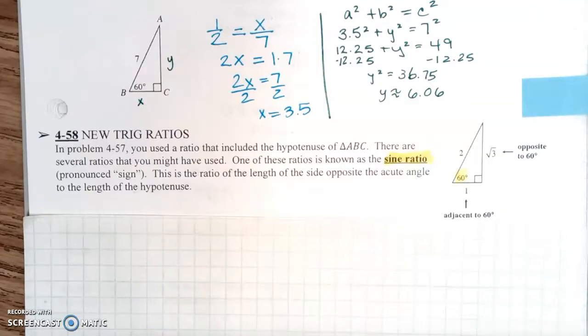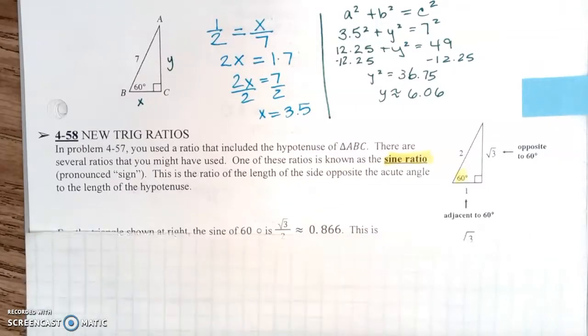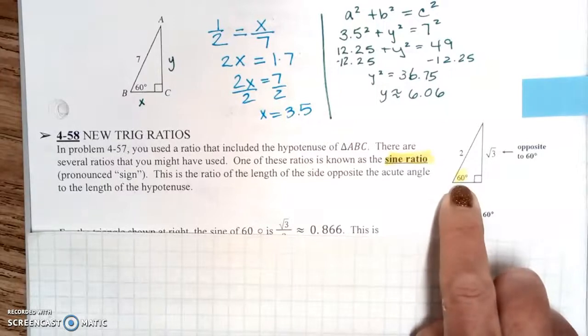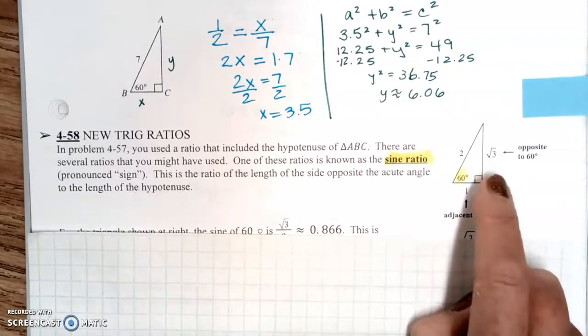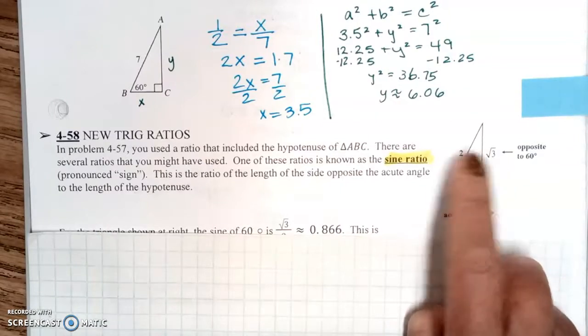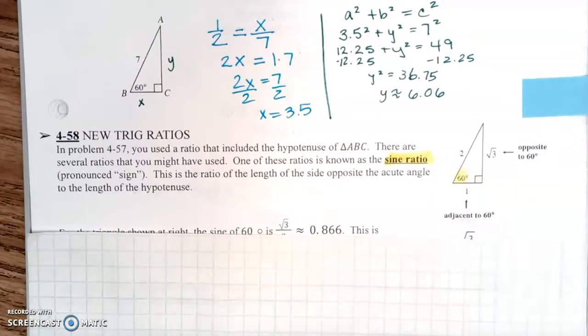One of these ratios is known as the sine ratio, pronounced sine. This is the ratio of the length of the side opposite the acute angle to the length of the hypotenuse. Okay? So in this triangle at right, from this 60 degree angle, the sine ratio would be the side opposite over the hypotenuse.